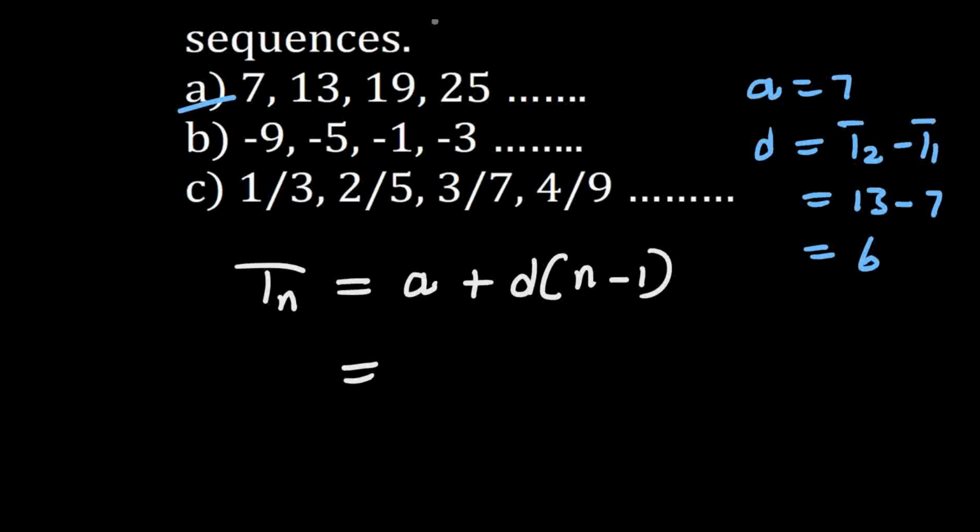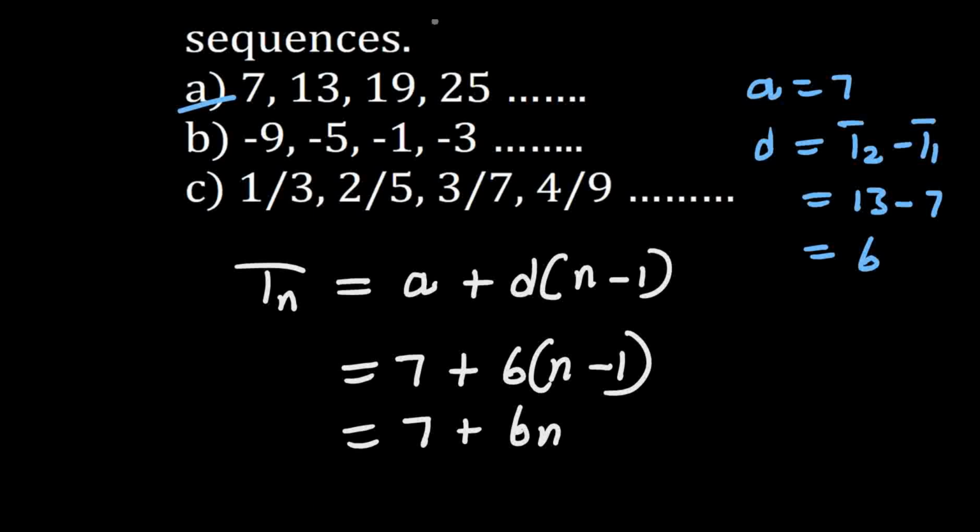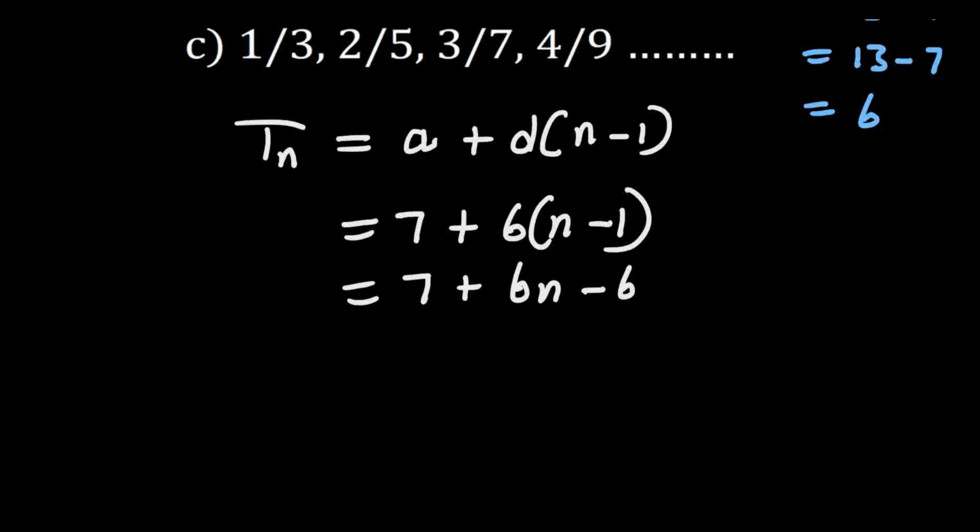Tn will be equal to a, which is 7, so place the 7 here, plus the common difference, which is 6, times n minus 1. So all we have to do now: 7 plus 6 times n is 6n. 6 times negative 1 is negative 6. So let's combine like terms.